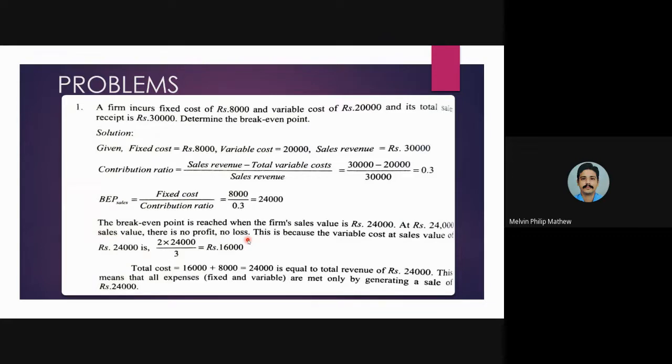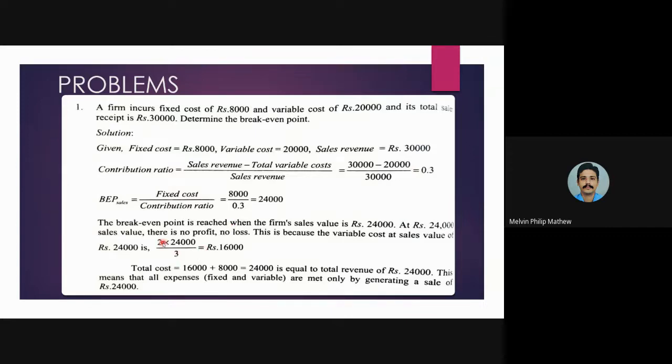So what is this 2 by 3? 2 by 3 is nothing but the variable cost by sales revenue, and the zeros are getting cut out.